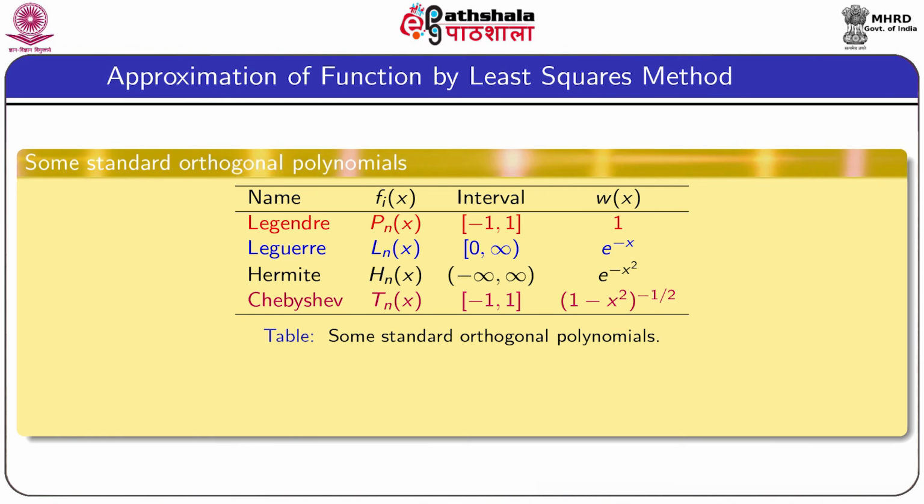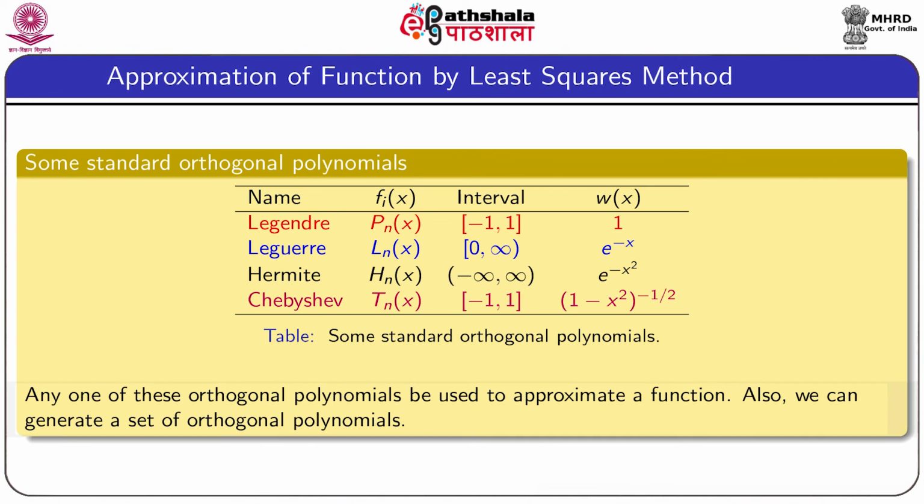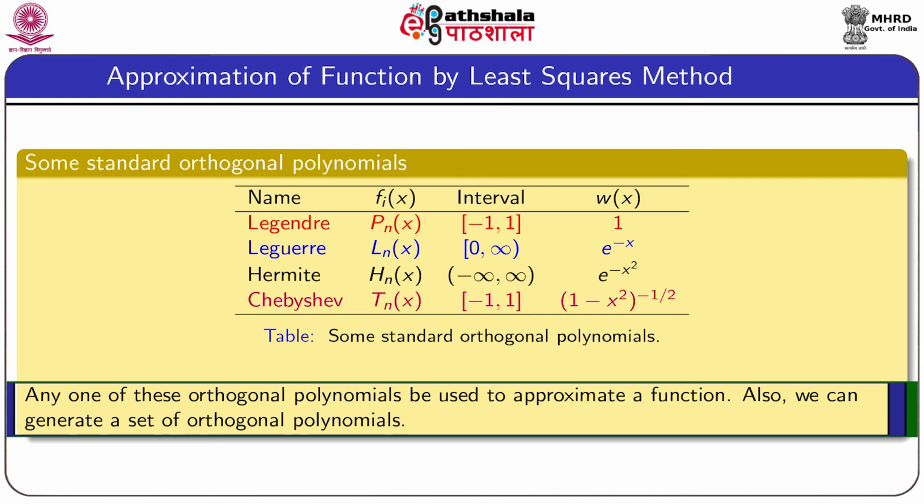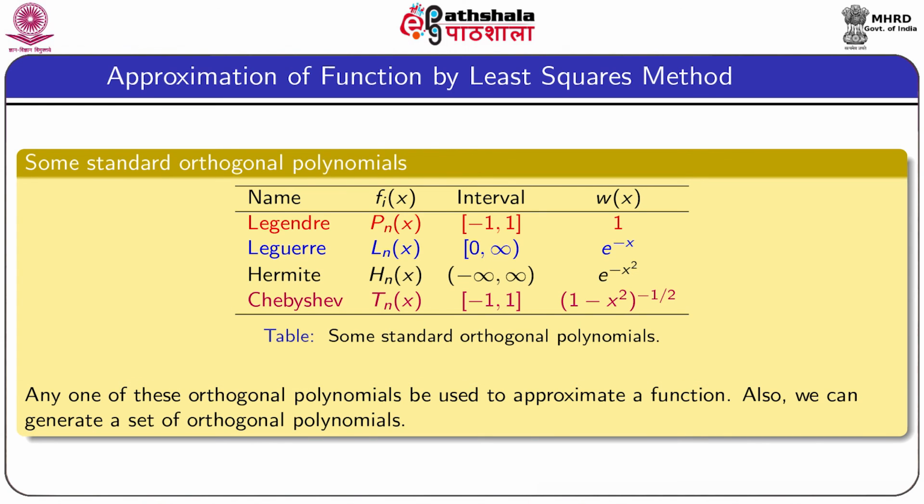And another orthogonal polynomial is the Chebyshev polynomial denoted by T_n(x), defined on the closed interval minus 1 to 1, and the corresponding weight is 1 minus x square to the power minus half. So, any of these orthogonal polynomials can be used to approximate a function. Again, we can generate a set of orthogonal polynomials by using different methods.